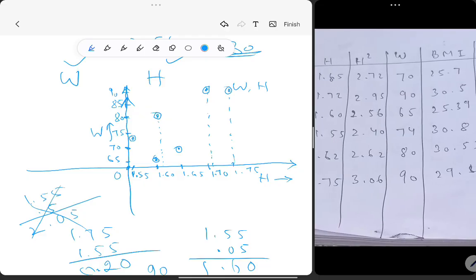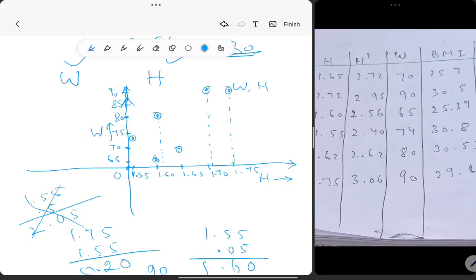The person with height 1.65 has a body mass index of 25.7.